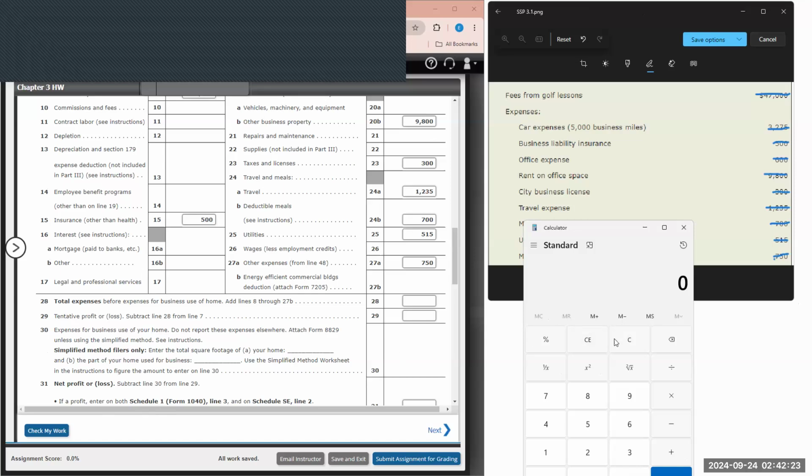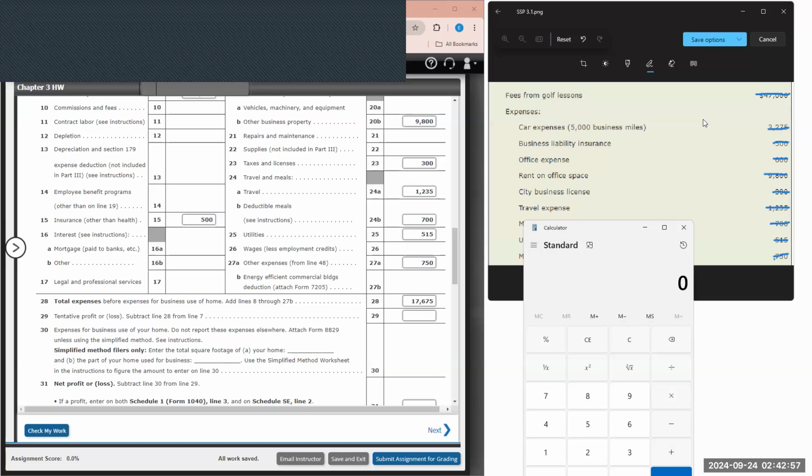So we have 3,275 plus 500 plus 600 plus 9,800 plus 300 plus 1,235 plus 700 plus 515 plus 750. That gives us total expenses of $17,675.